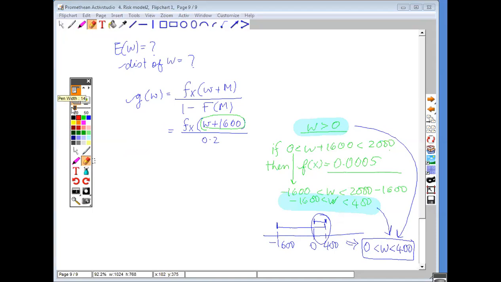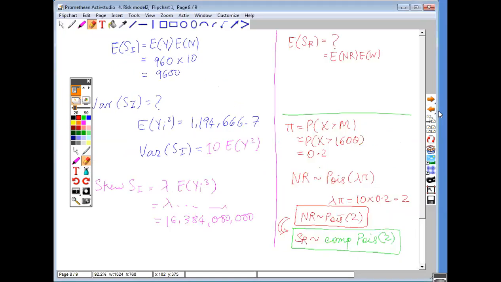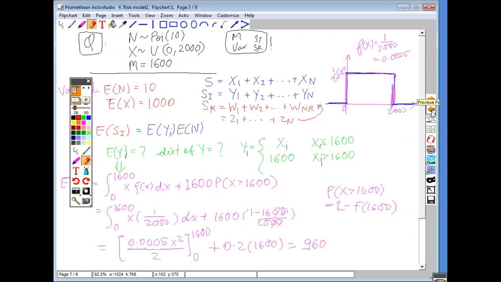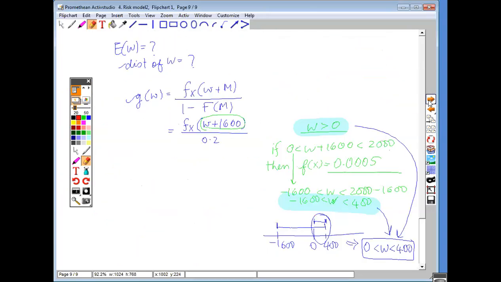So do you see what I have done? I know that my f of x takes the value 0.0005 only if my x is between 0 and 2000, right? Otherwise it takes the value of 0. Is this clear to everyone?